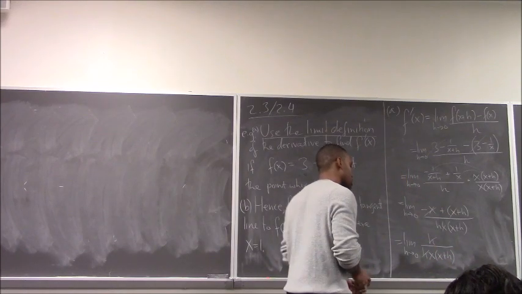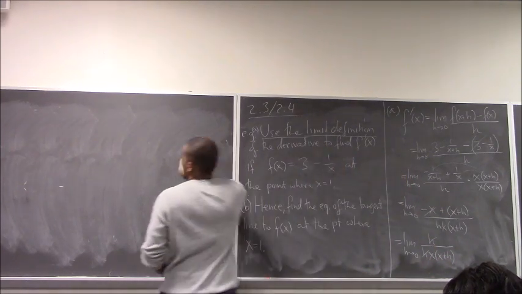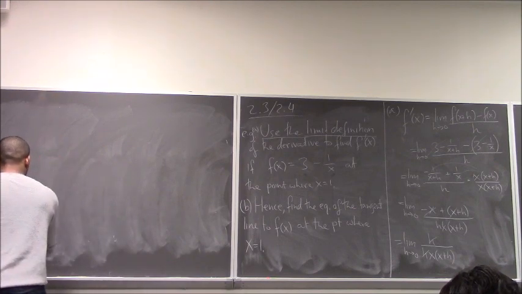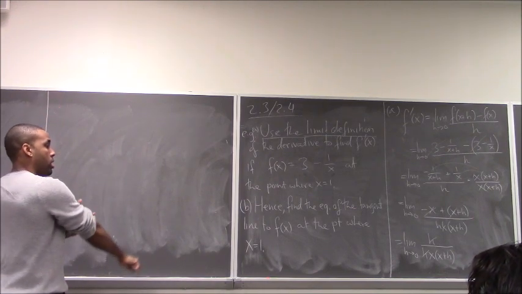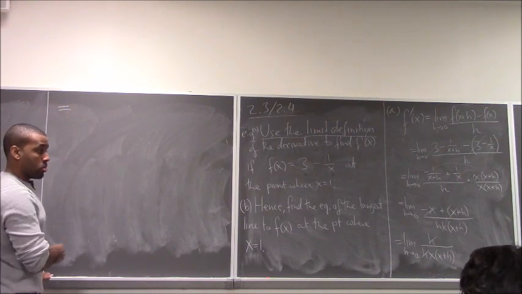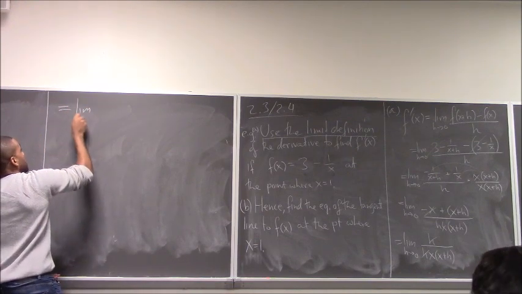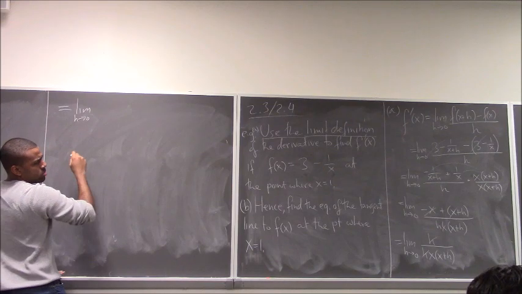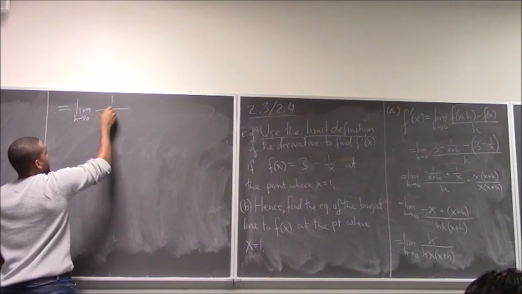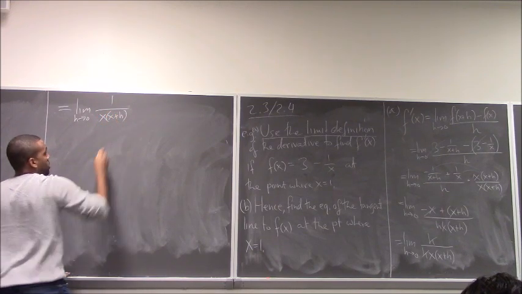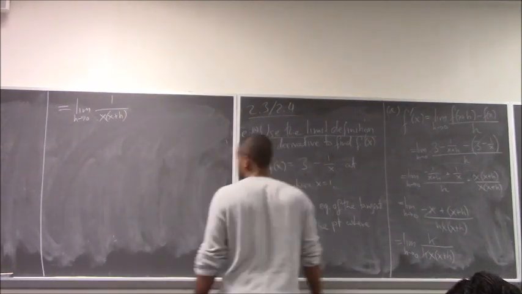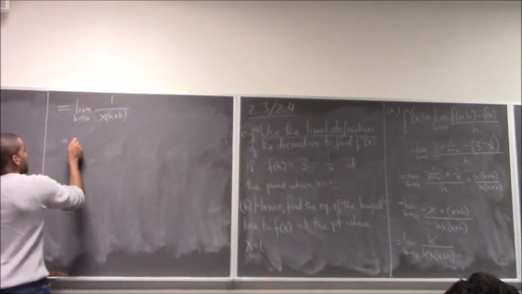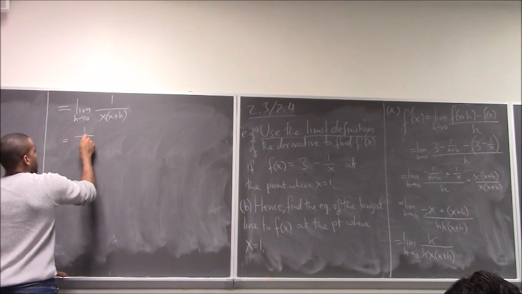The h is now cancelled. And so we will have the limit as h approaches 0 of 1 over x times x plus h. And at this point, we can plug in h without dividing by 0. So I'll just plug in h equals 0, and that's 1 over x squared.